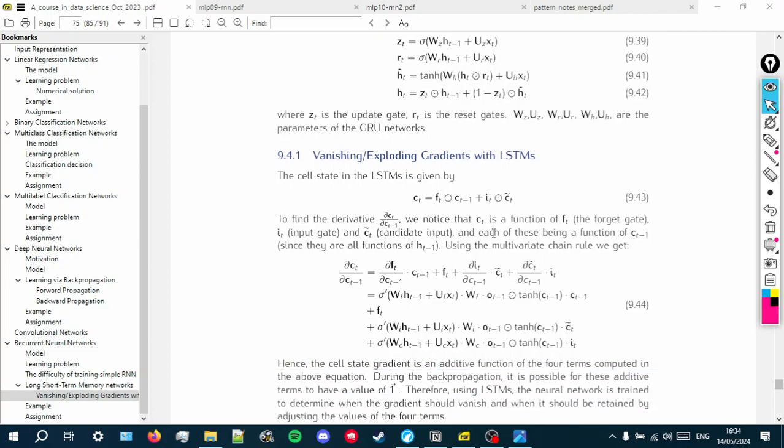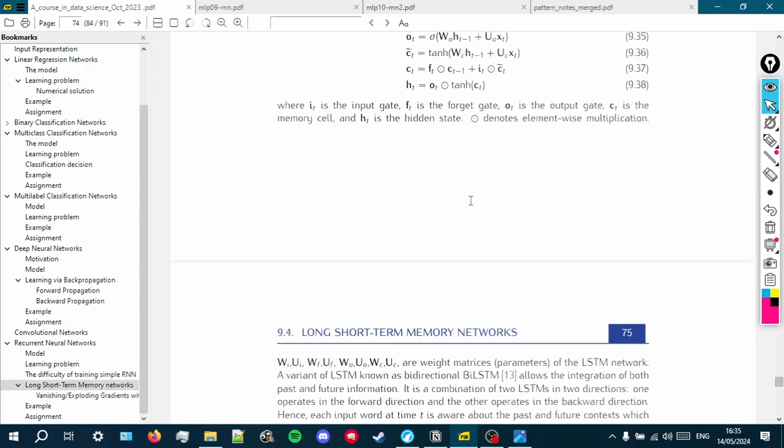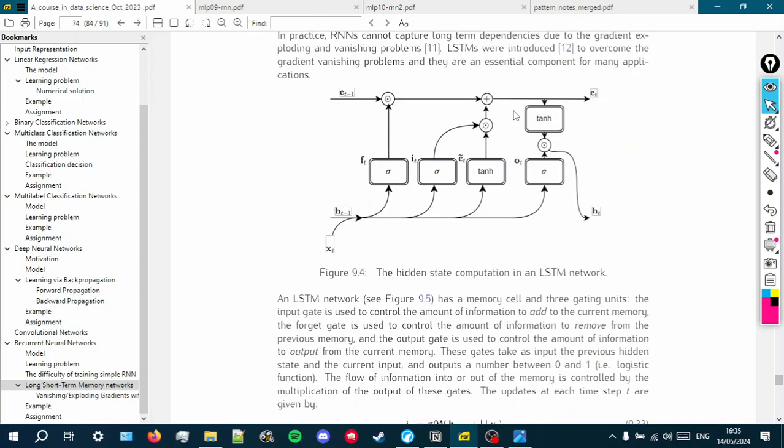So how does this fix it? We'll look at one single example as well. When we do the derivative of this function, C of t is going to be made up of f of t, the forget gate, times C of t minus 1, plus the input times C of t. You can see how C of t is going to be the result of this plus the result of this.